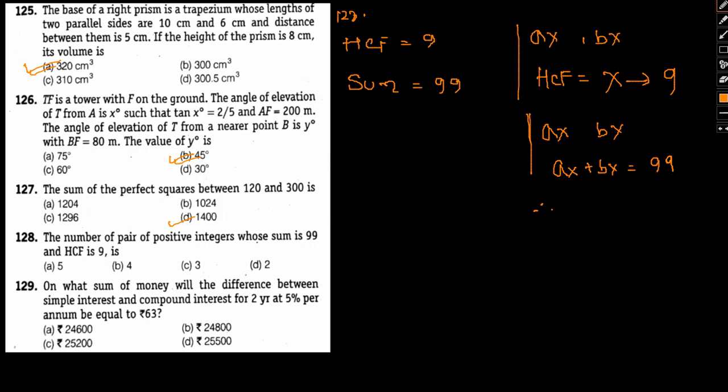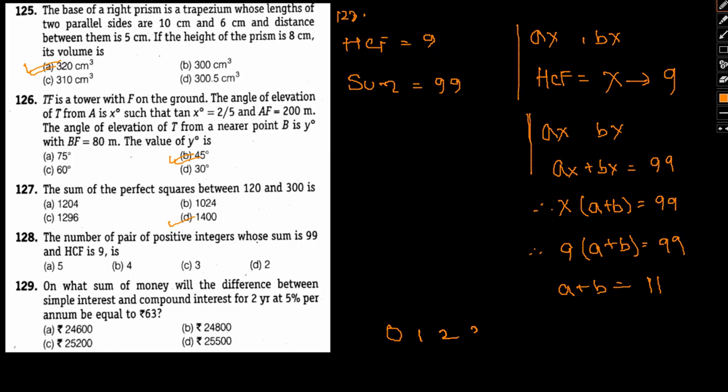Taking X common, A plus B times X equals 99. Since X is 9, A plus B equals 11. Now the sum is 11 and the digits A and B can lie from 0 to 9.